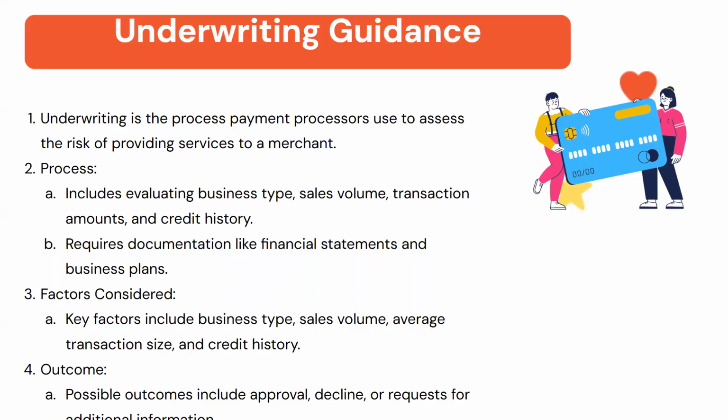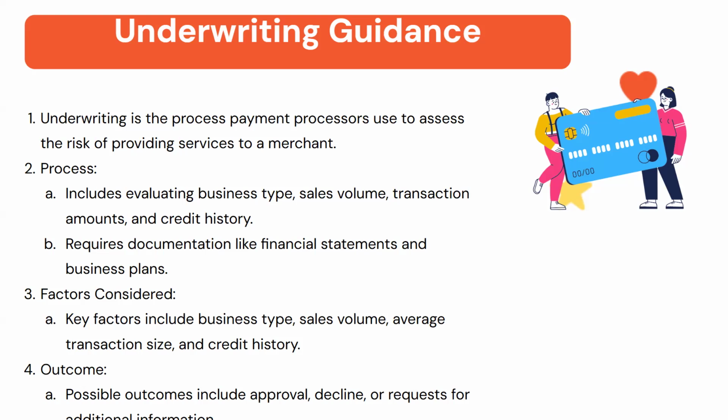The underwriting guidance. Underwriting is the process a payment processor uses to assess the risk of providing services to a merchant. The process includes evaluating business type, sales volume, transaction amounts, and credit history.